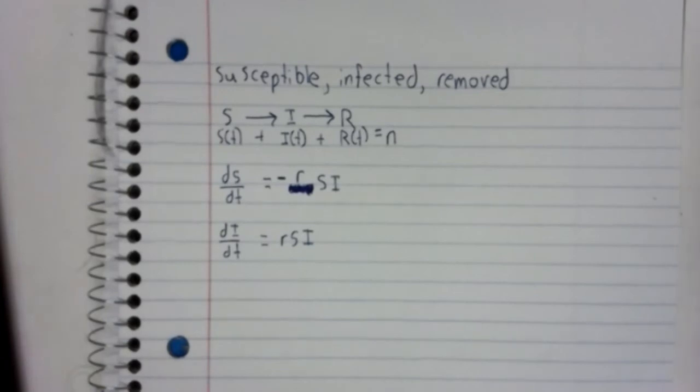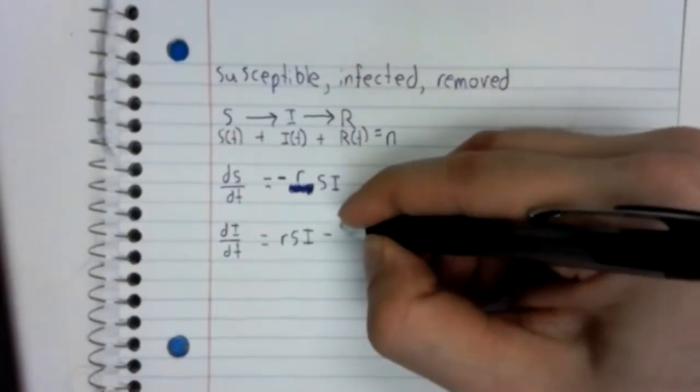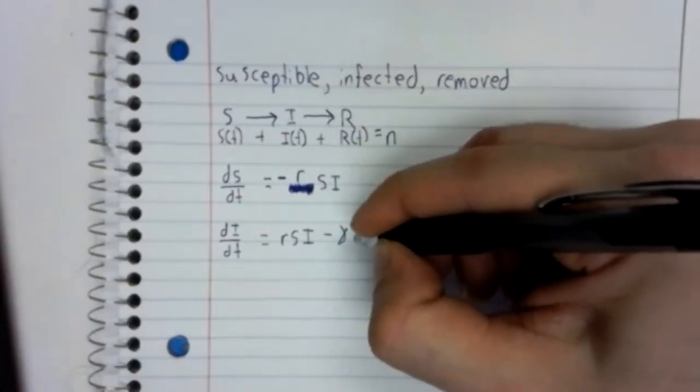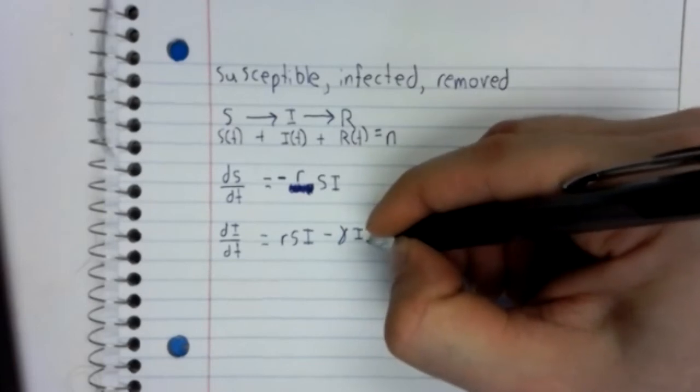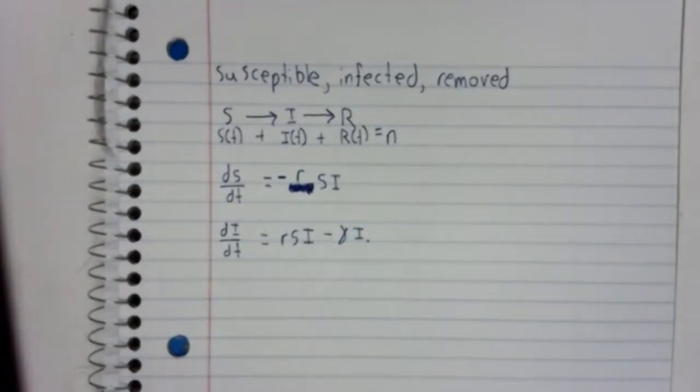The more sick people there are, the more people there are to either recover or die. So we've got this negative gamma I term.